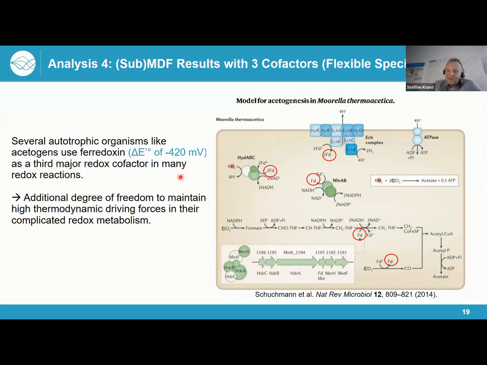And in fact, ferredoxin has a more negative standard redox potential than NAD and NADPH or NADP. And according to our computations, we believe that this really gives those organisms an additional degree of freedom to maintain their high thermodynamic driving forces in their really complicated redox metabolism. So here it might really pay off to have a third widely used redox cofactor.